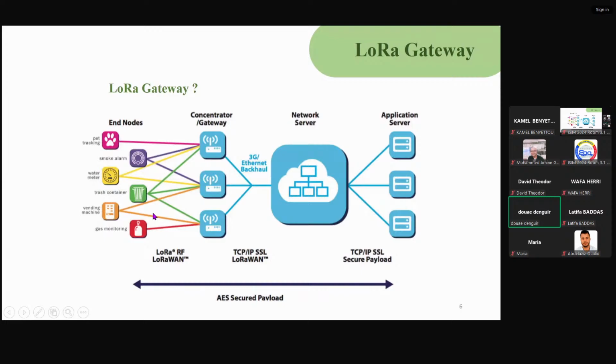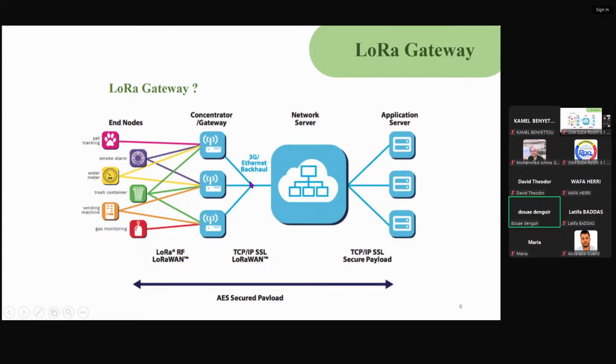They are IoT devices with LoRa modules that transmit data wirelessly over long distances using low power. For example, our sensors in the farm, like humidity and temperature sensors, transmit the different measurements they collect to the gateway.